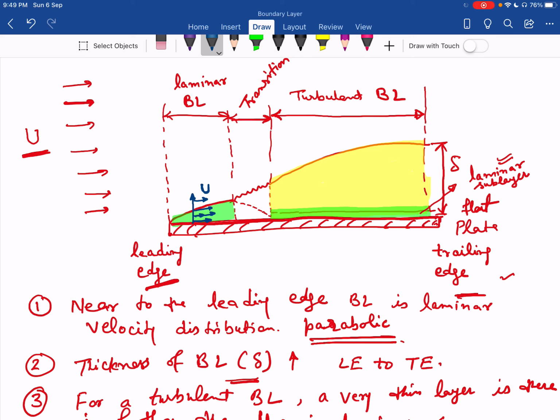So this is the thickness of the boundary layer at some distance x from the leading edge.